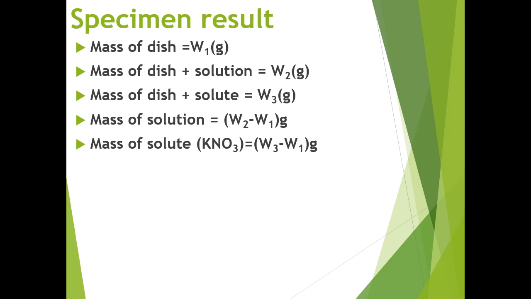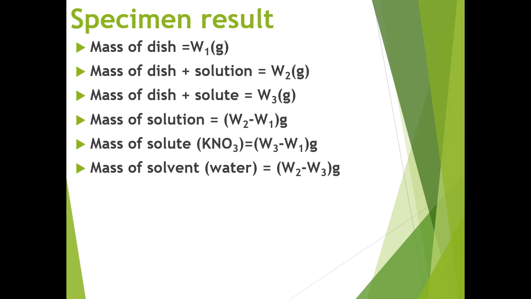Then the mass of the solid, which is potassium trioxynitrate 5, can also be obtained by subtracting W1, the mass of the empty dish, from the mass of the dish plus that of the solute, W3, and it is also going to be in gram.